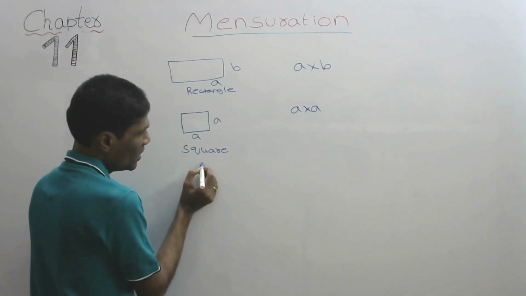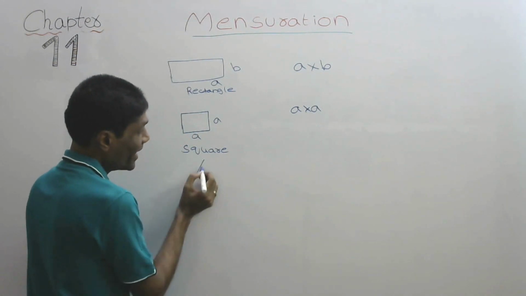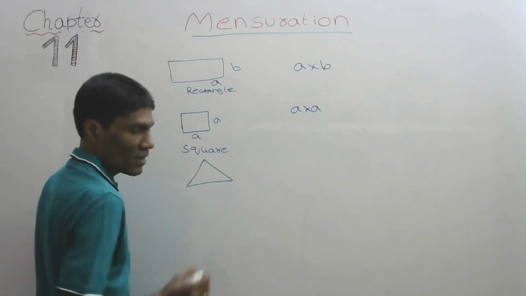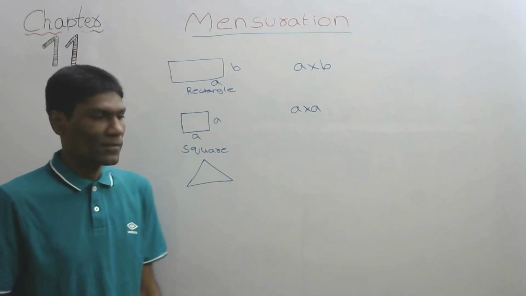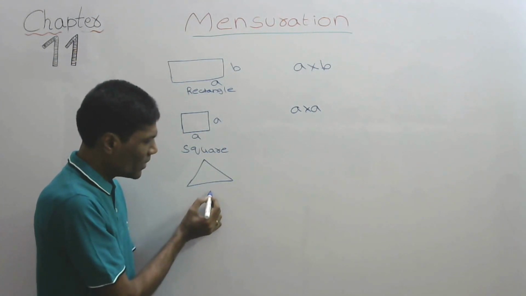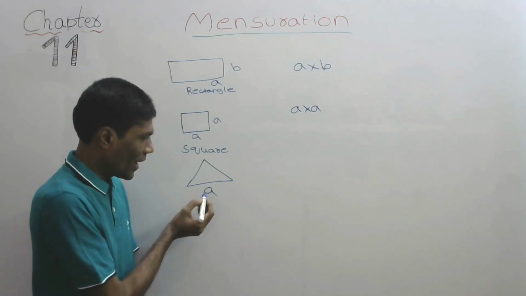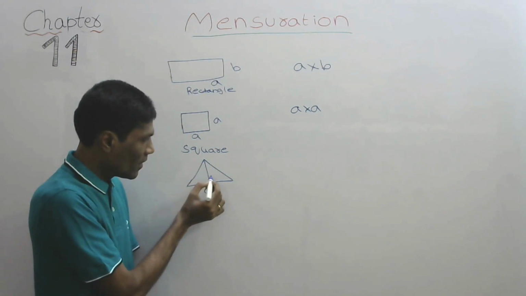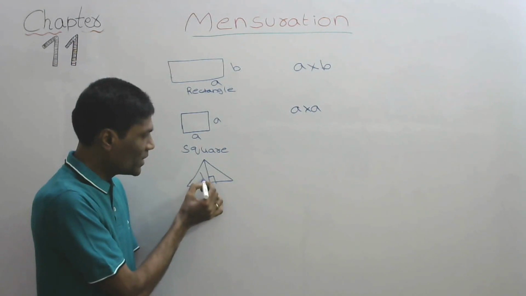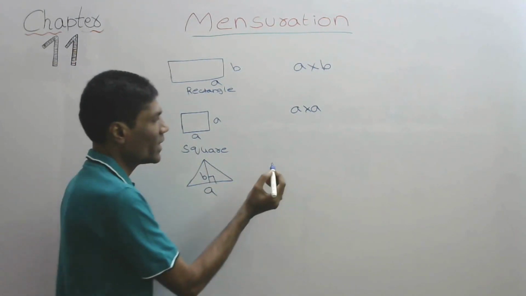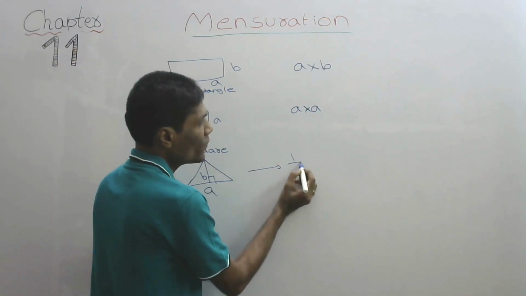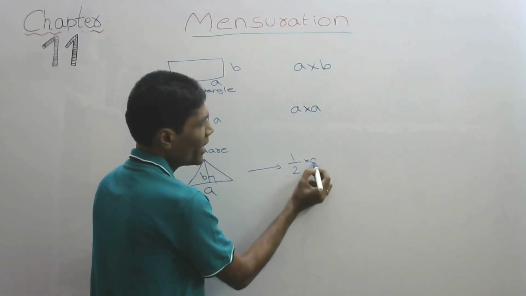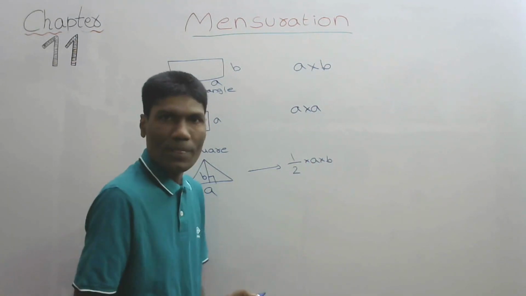Next, if this is a triangle, let us take a triangle. If this is, say for example, A, and if the height is B, then the area will be half into A into B.